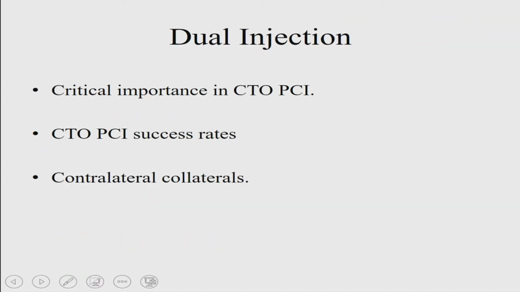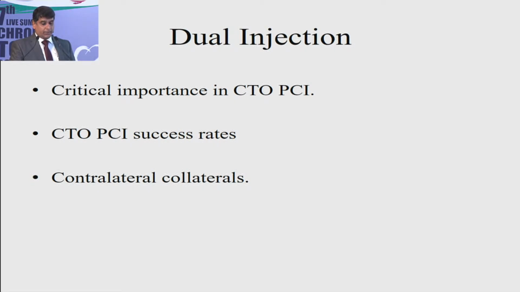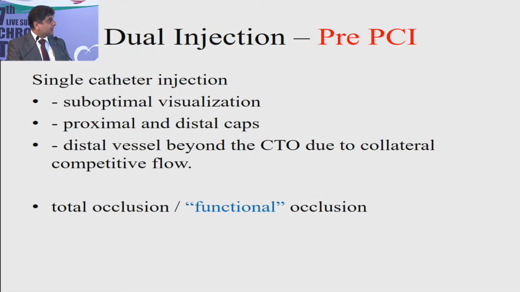Certain aspects surrounding an angiogram, even before embarking on a PCI: it's critically important to have a contralateral injection, a dual injection, to enhance the success rates in PCI, especially and for sure at all times when there are contralateral collaterals.